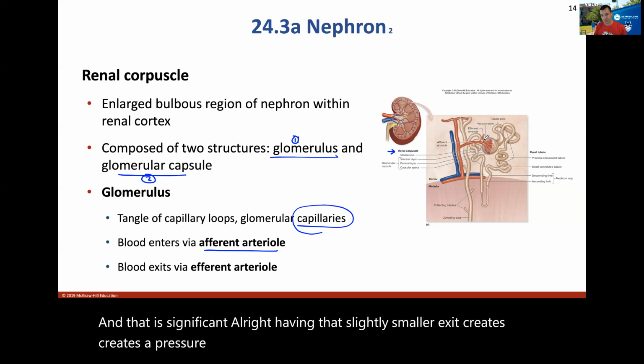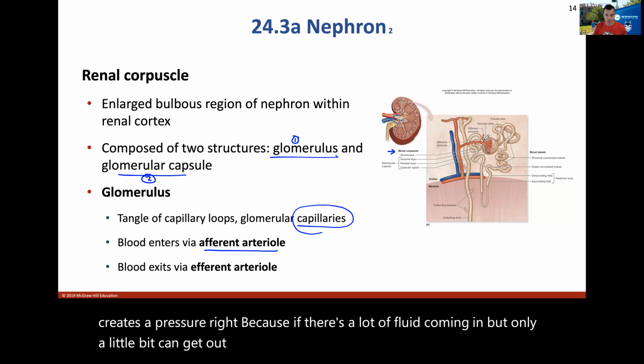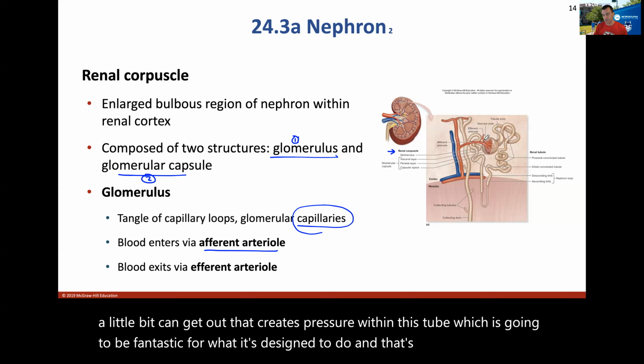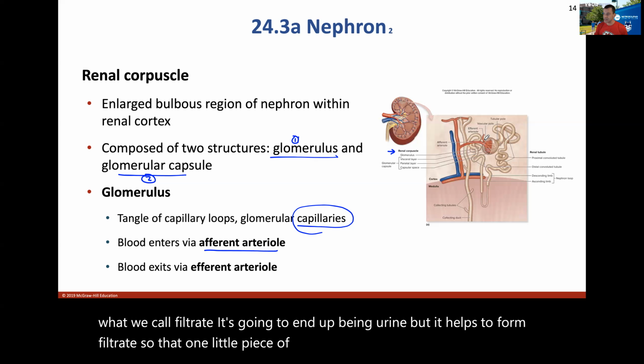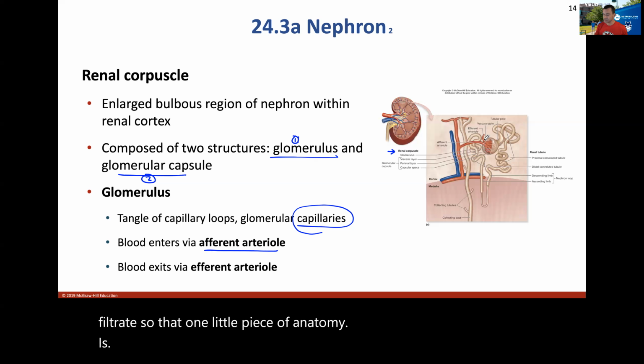Because if there's a lot of fluid coming in, but only a little bit can get out, that creates pressure within this tube, which is going to be fantastic for what it's designed to do, and that's to help initially form what we call filtrate. It's going to end up being urine, but it helps to form filtrate. So that one little piece of anatomy is significant.